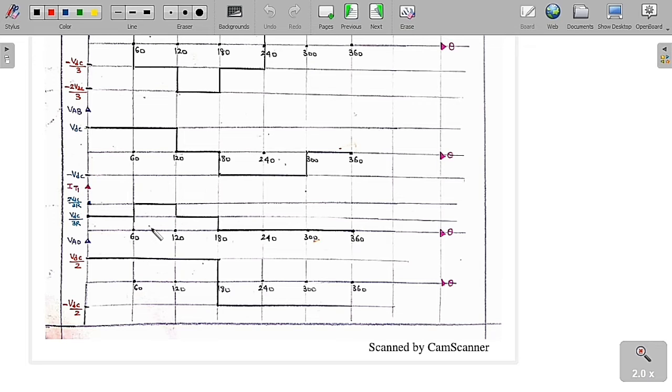So in this region, what is the value of the phase voltage? Let us divide it. I already told you, from 0 to 60 degree, the phase voltage VAN is equal to VDC by 3, so the current divided by R is VDC by 3R.